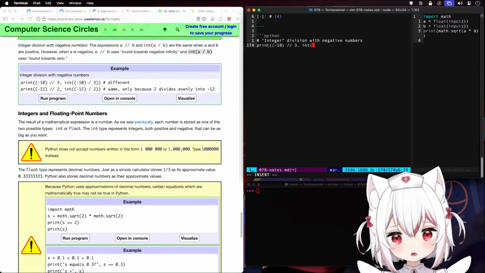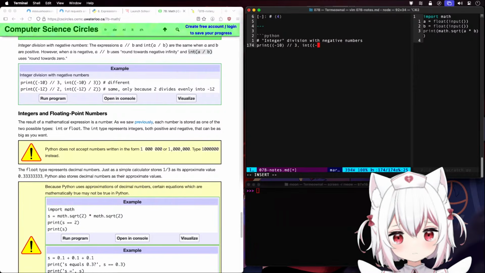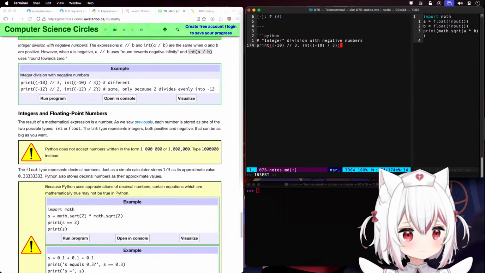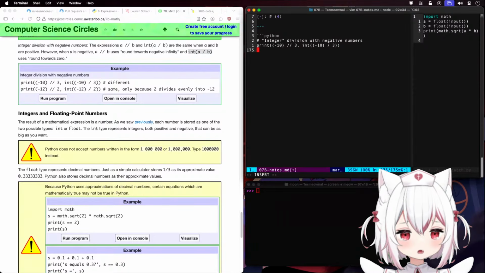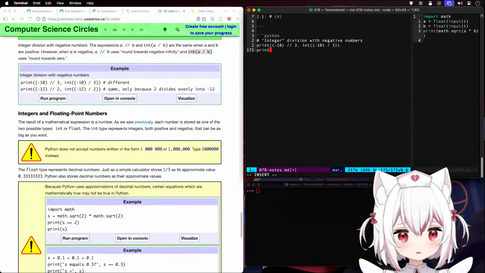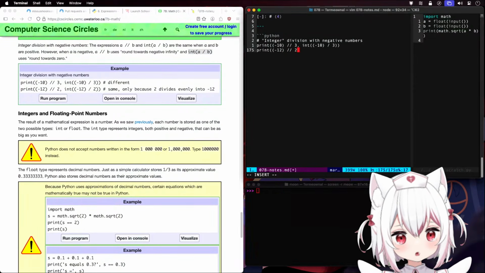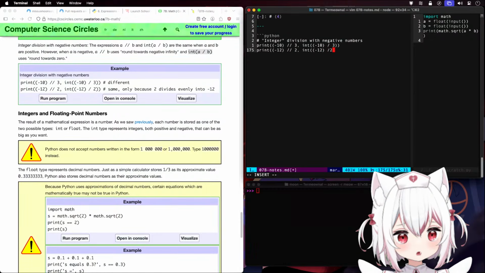And then int of negative 10 divided by 3. And then print negative 12 floor divided by 2, and int of negative 12 divided by 2.